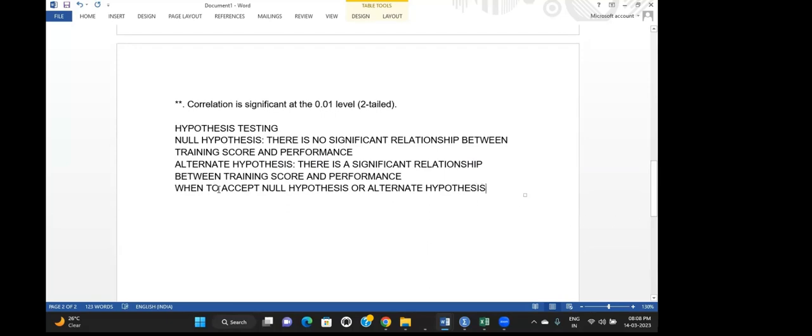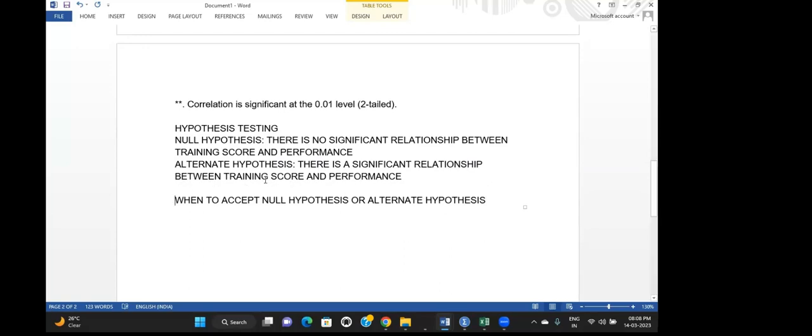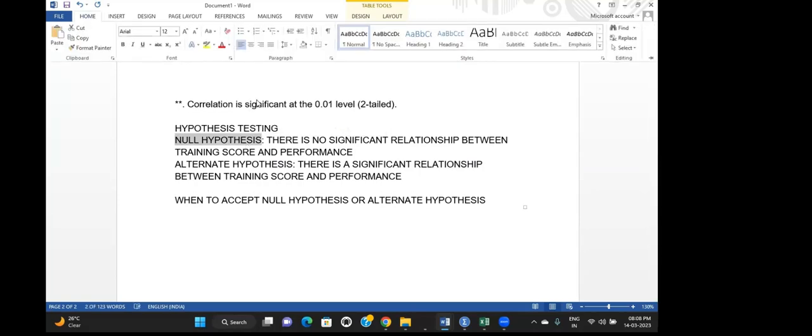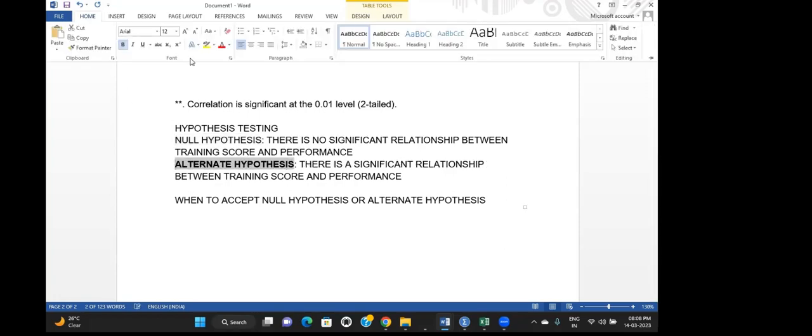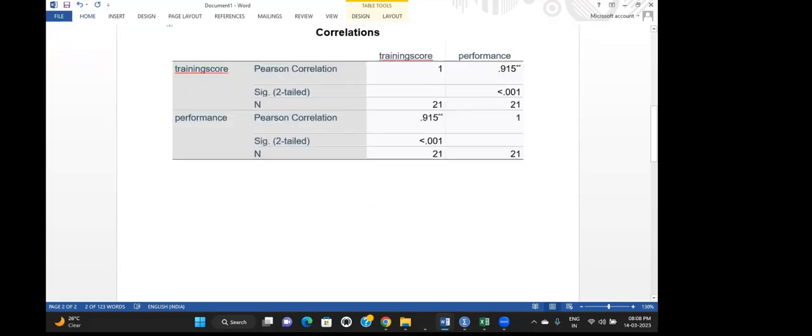Now the next important question is, when do we have to accept the null hypothesis, or when do we accept the alternate hypothesis? How will we come to know about it? We come to know through the p value. The p value decides.